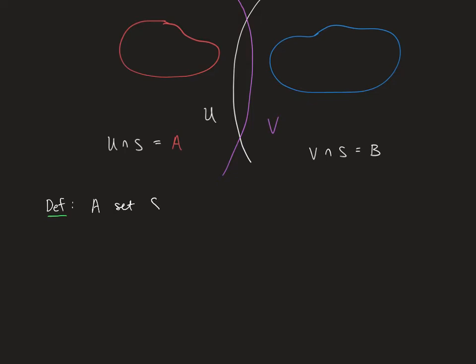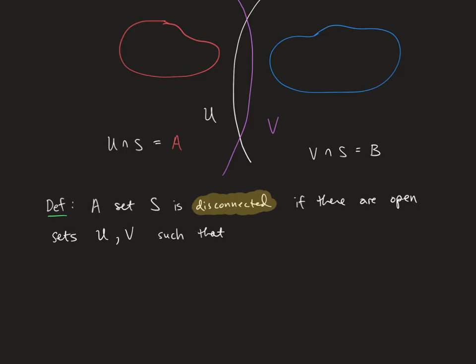Definition. A set S is disconnected if there are open sets U and V such that, we just have to write down this picture here.